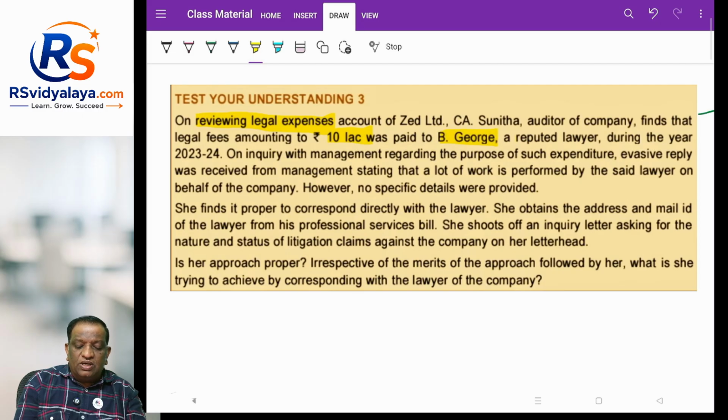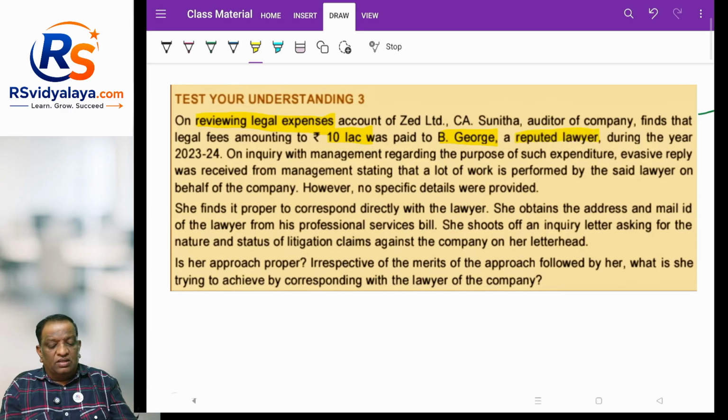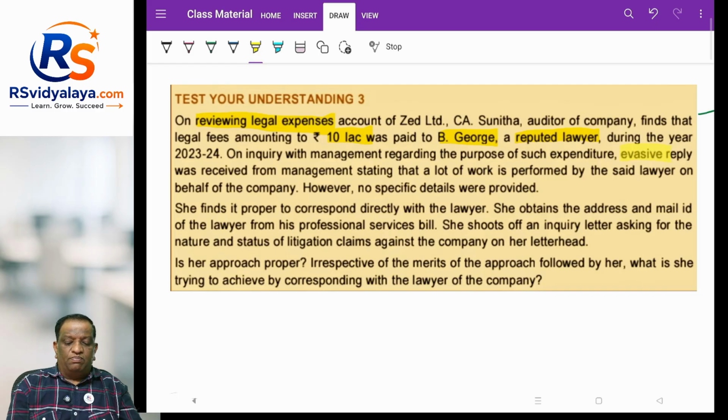He is a reputed lawyer, and on inquiry with the management regarding the purpose, the management didn't give a proper answer. They gave evasive replies, so she is not convinced.